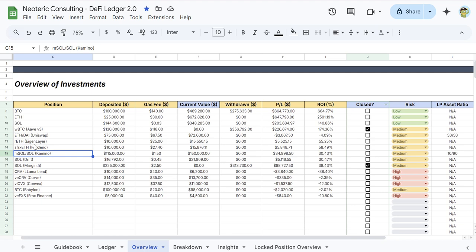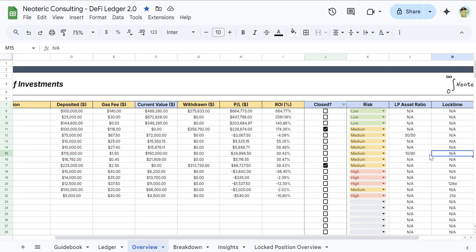If this was written as Sol MSOL Camino, then this would be 90/10, not the other way around. Again, this is very important because there's a lot of logic in the spreadsheet that you don't see that helps it generate outputs, and that logic gets disrupted when you don't follow these conventions.